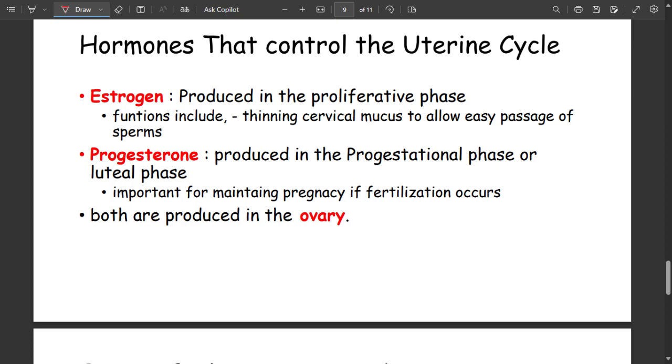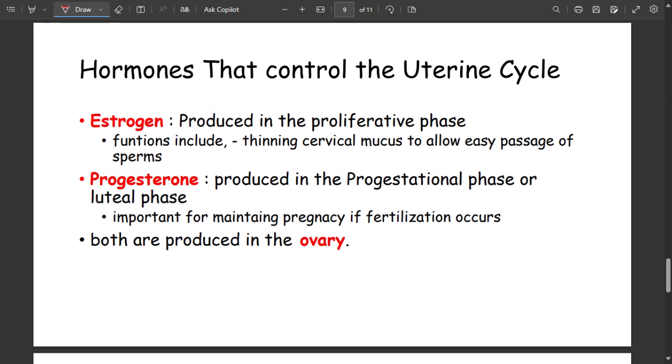Their functions include thinning the cervical mucus to allow easy passage of sperms, and yes, that is quite self-explanatory. But one of the other functions, you have functions including going as far as maturation of the entire, in females, you talk about all the secondary sexual characteristics being influenced by this hormone as well.